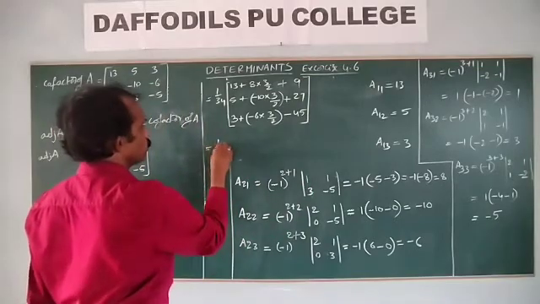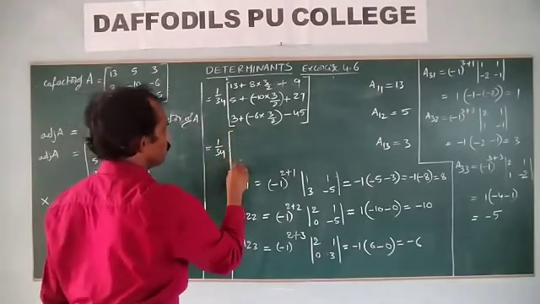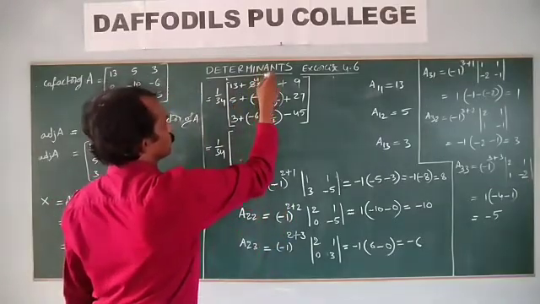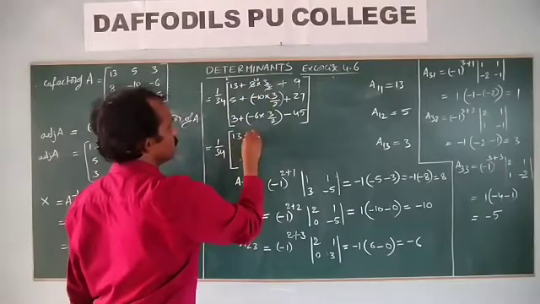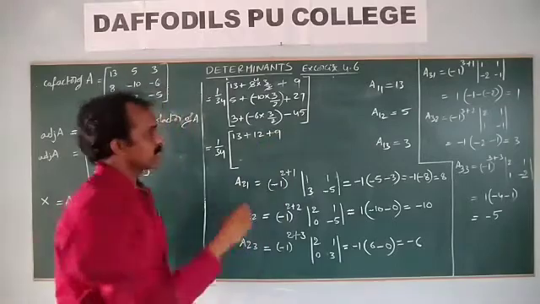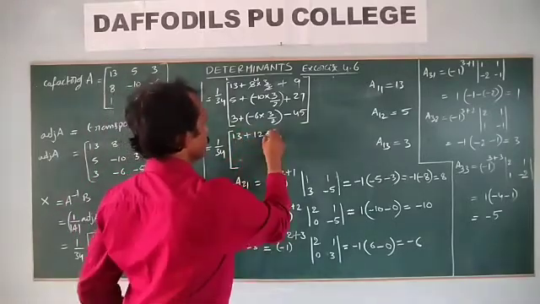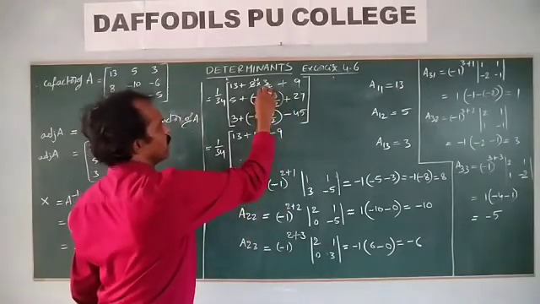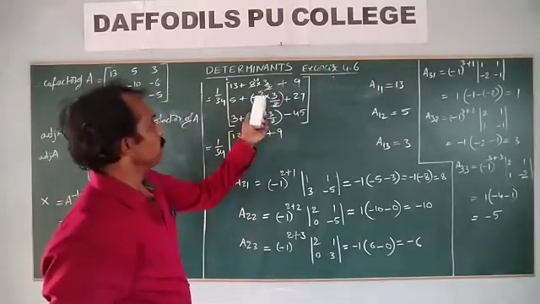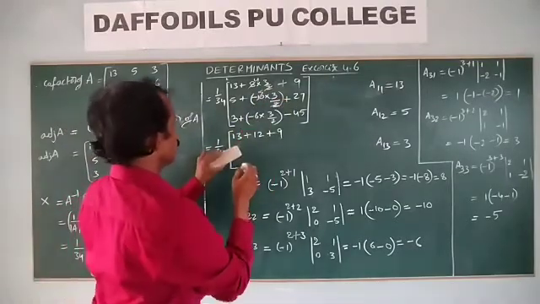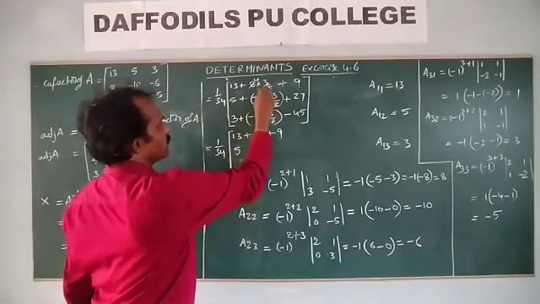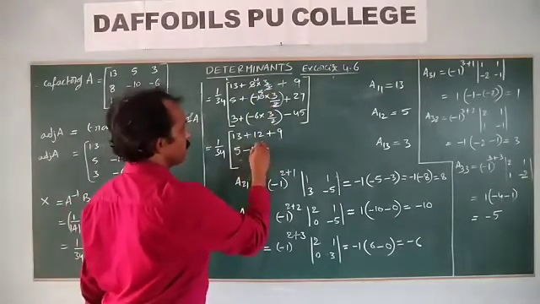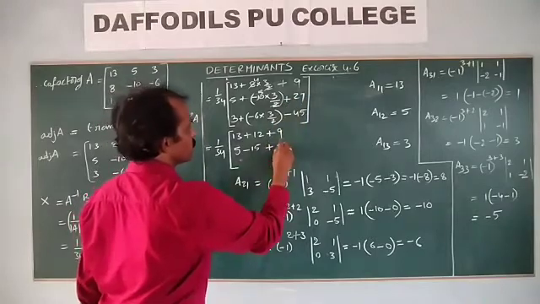This is equal to 1 by 34, 13 plus 12 plus 9. Next, 5 times cancel, minus 5 into 3, minus 15, plus 27.